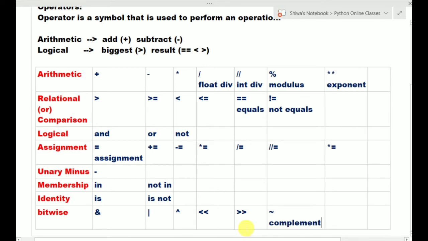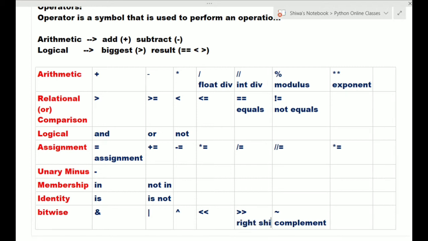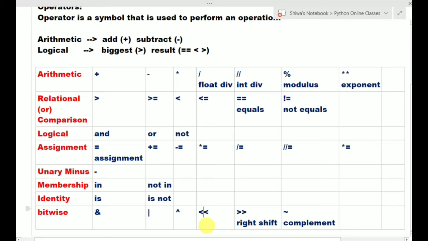Double greater than is the symbol for the right shift operator. Double less than is the symbol for the left shift operator.